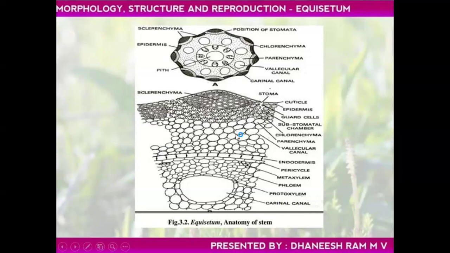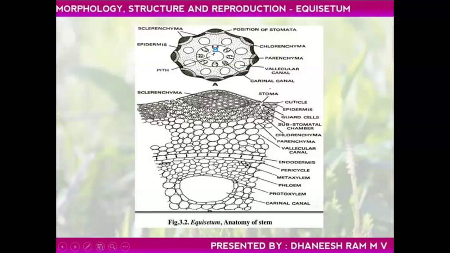Next, in the inner cortical region, there are some hollow spaces called vallecular canals. This is a very important point in the anatomy of the Equisetum stem. These are large air spaces, or empty canals or open cavities, in which food material can be stored.